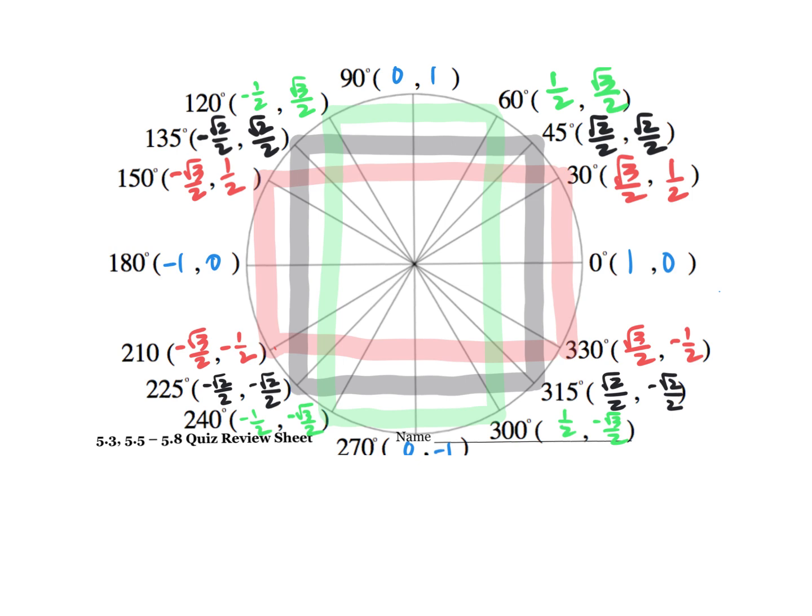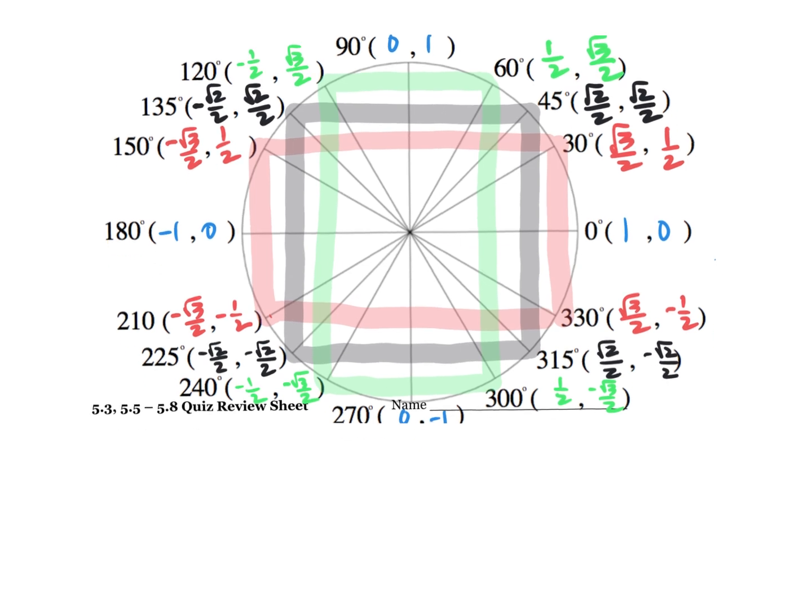Okay, this is my little prep before I do the puzzle. What if I ask you what the tangent at 0 is? Tangent at 0 degrees. Tangent is y over x. Wouldn't it be 0 over 1?